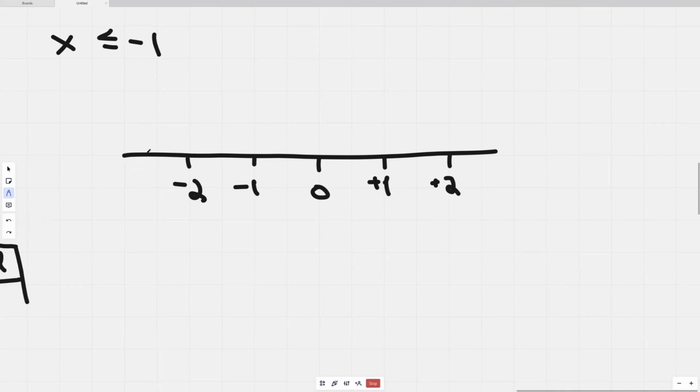This itself is not ending. Then our point is here on negative 1. So it says it's equal or less than, right? Which means we have to color it like this. And it's less than, which means the arrow will be on the left side. So only values that are less than or equal to negative 1 will be included here: negative 1, negative 2, negative 3, and so on.